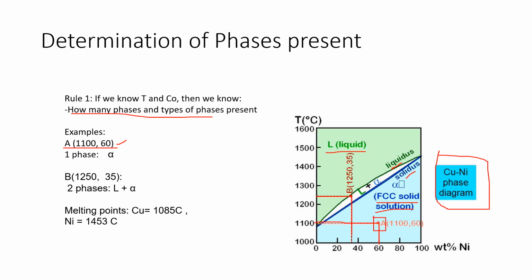What is the solidus line? The solidus line is the temperature where the alloy is completely solid. Above this line, liquefaction begins, and below this line it is completely solid.